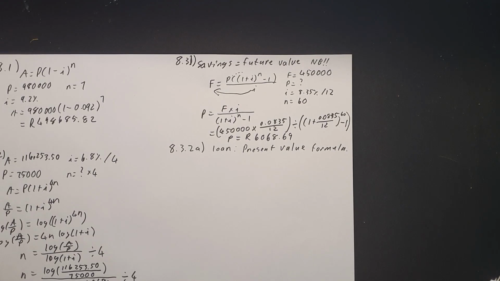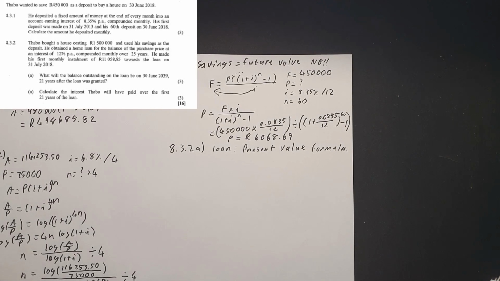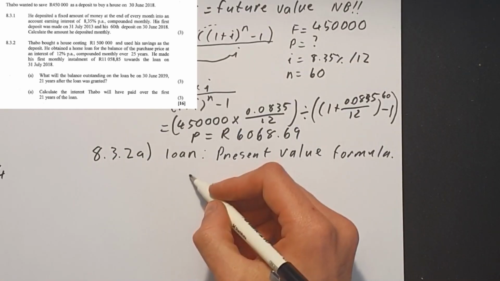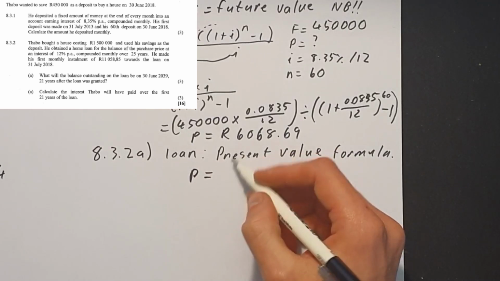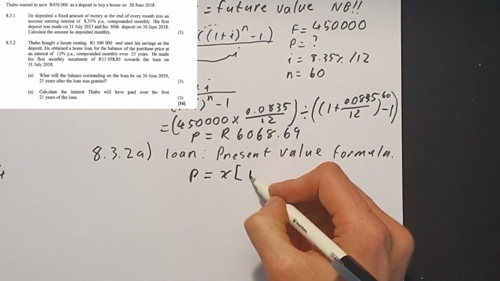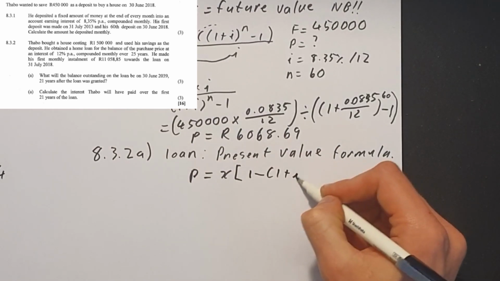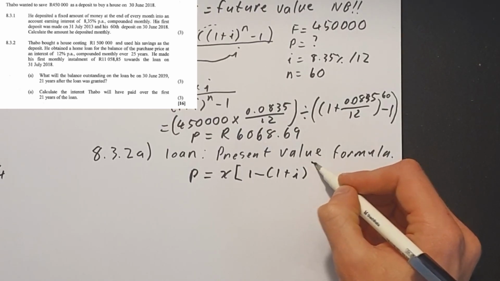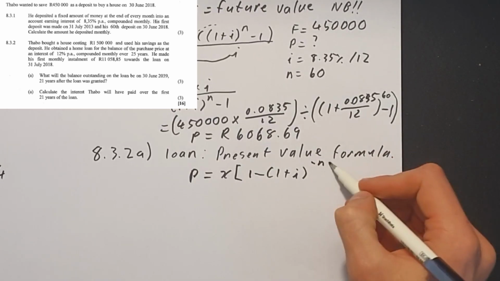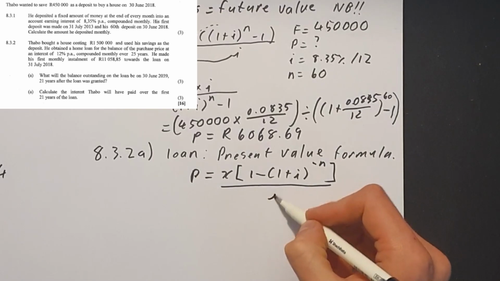So they've given us the interest rate there. They've also given us how much is put down as a deposit, so we've got to take that off. And then what we've got to do is use the present value formula, which is given as P equals x times 1 minus 1 plus i to the negative n, all over my interest rate.